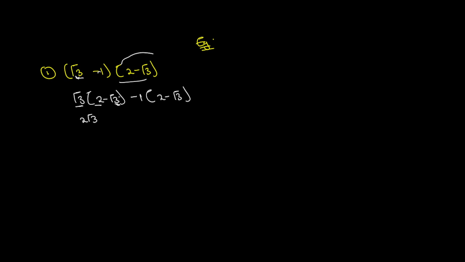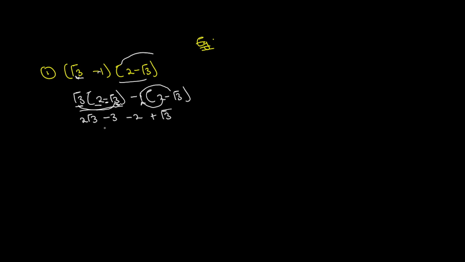But notice the negative sign here. So this time, this will give us negative 3. Okay, so we are done with this expansion. What about this one? Minus 1 times 2. What do we get? We get minus 2. And then minus 1 times minus root of 3. We get plus root of 3, if you are conversant with the rules.